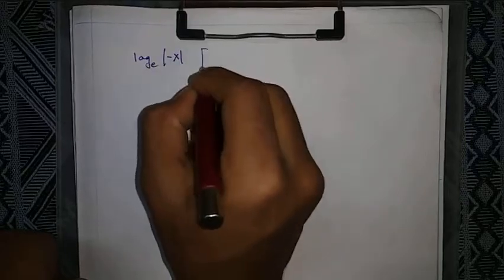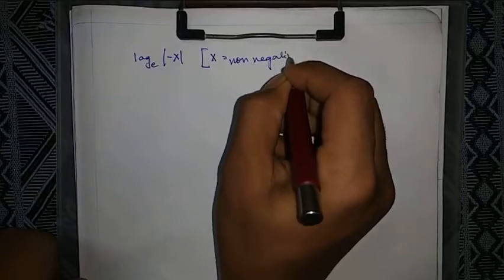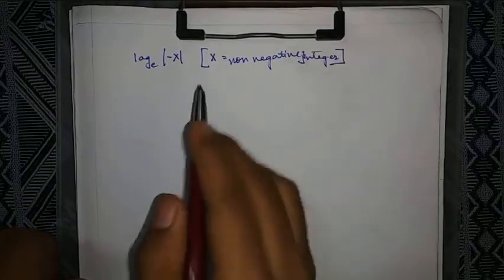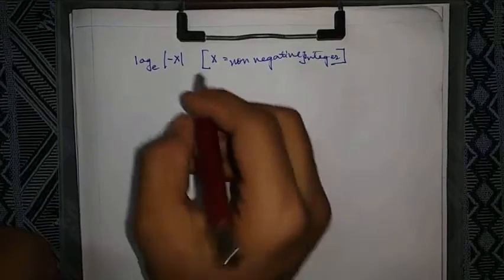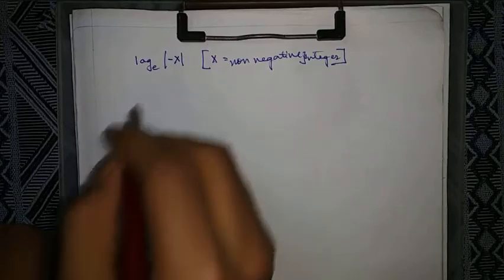So let's start with the general case, that is log of negative x base e, where x is a non-negative integer. We have taken x as a non-negative integer to ensure that the negative x will always be a negative integer.